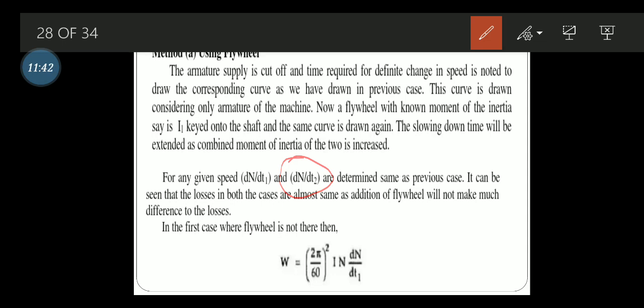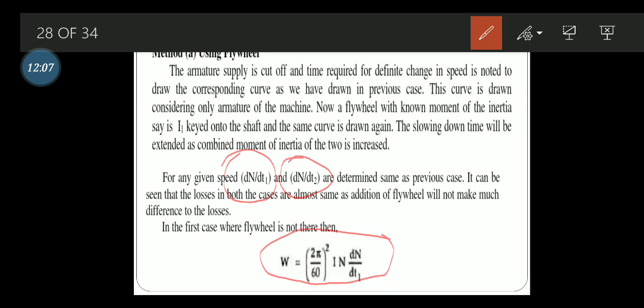Without the flywheel, we represent the speed as dN divided by dt1. In the first case, where the flywheel is not there, the rotational losses are W equals (2 pi divided by 60) whole square times I times N dN divided by dt1.